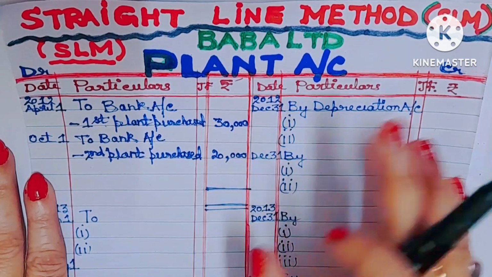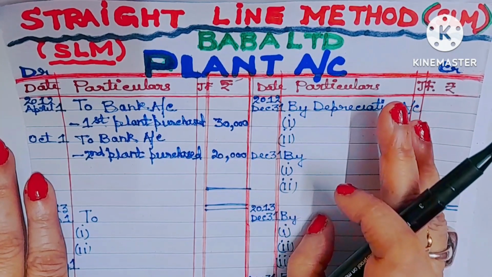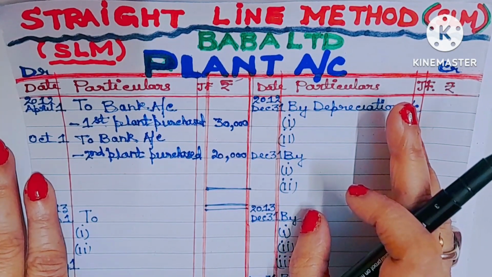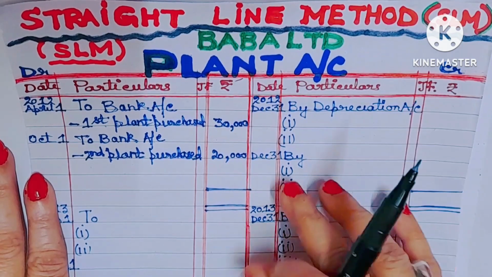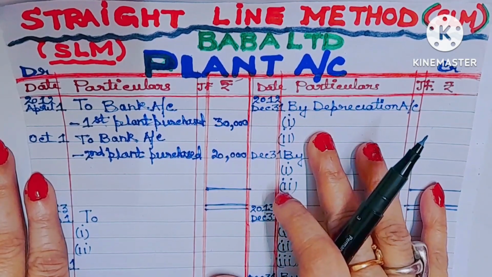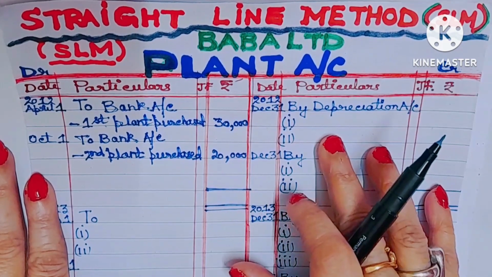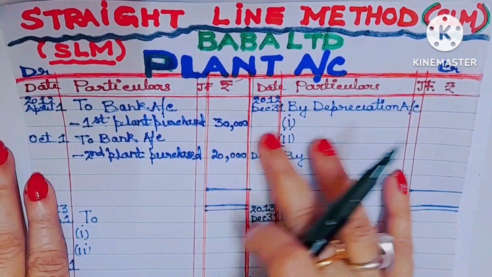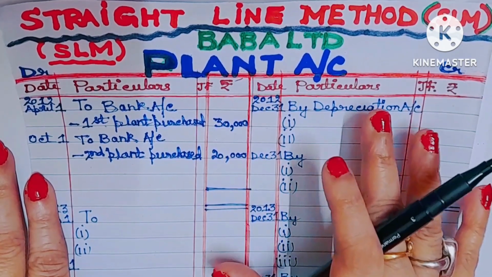So April to December, if we count, we'll get 9 months: April, May, June, July, August, September, October, November, December. 9 months. So we have to charge depreciation on the first plant under straight line method or SLM on 30,000 for 9 months at the rate of 10% per annum.